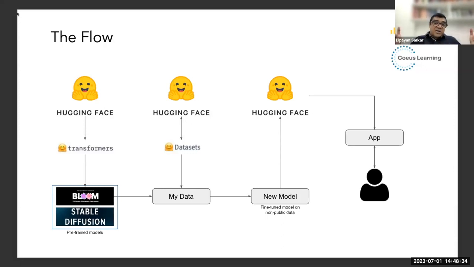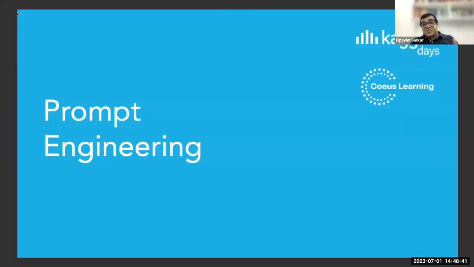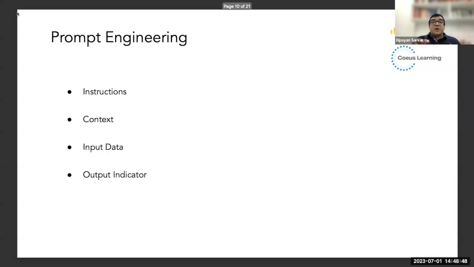If I give a wrong text, I get a wrong output, which means what we also need beyond building this model is prompt engineering. Now, I will very briefly touch upon prompt engineering. Whenever we talk about prompt engineering, there are many things, such as zero-shot and few-shot prompts, but we are not getting into that. I'm just getting into 4 components of prompt engineering: instructions, context, input data, and output indicator.